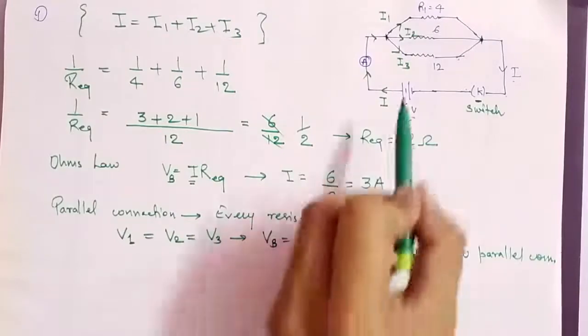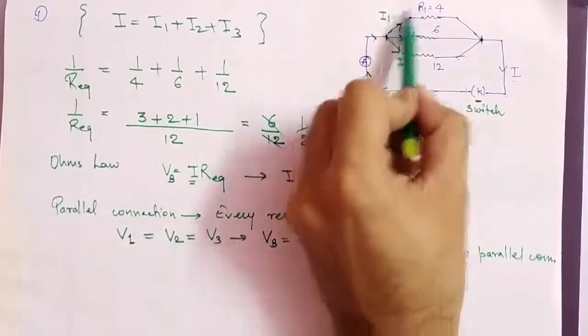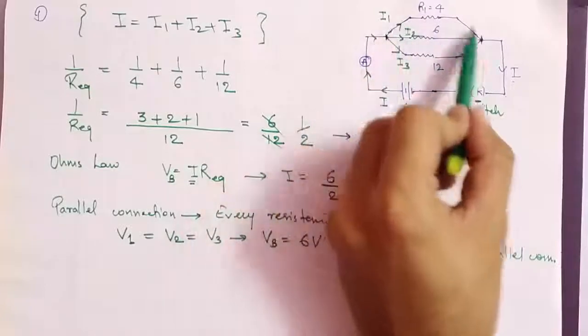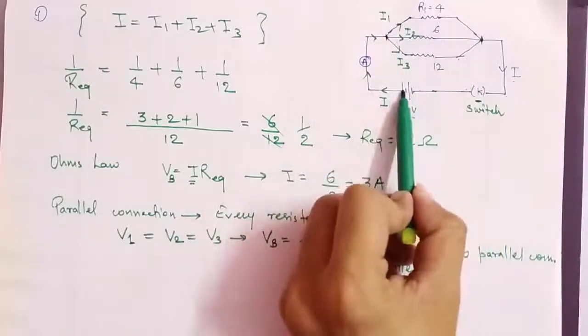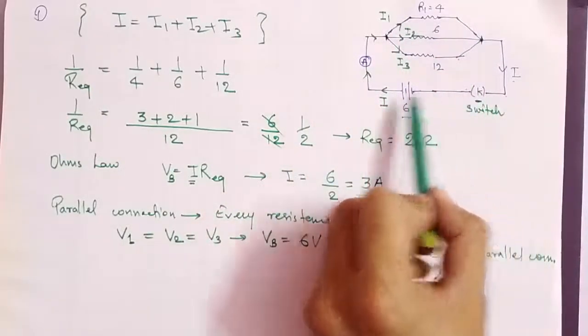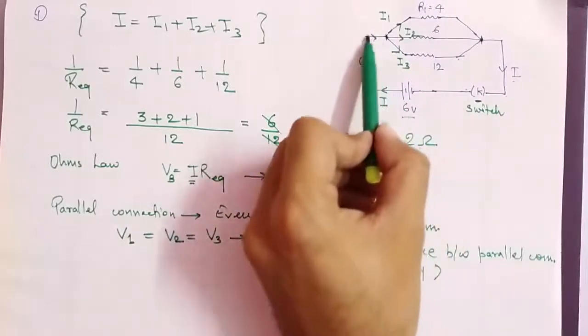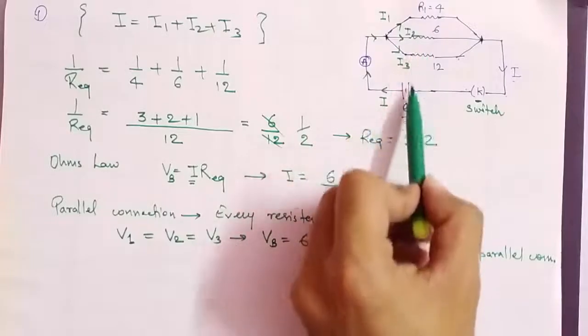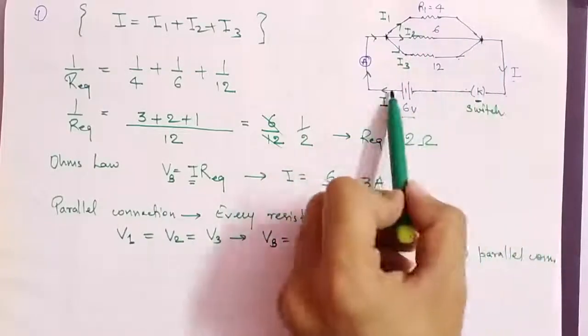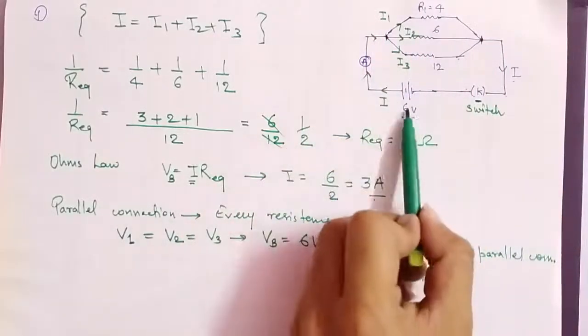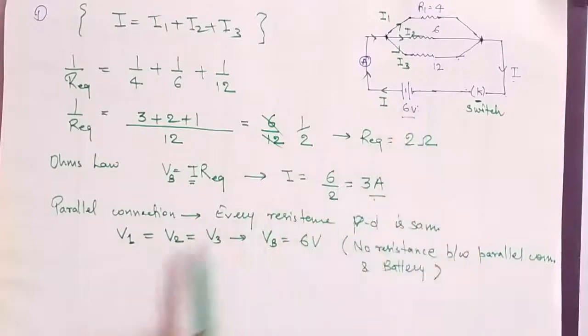You must see that here is a battery and here is our parallel arrangement. On either path, from the right-hand side or the left-hand side, there should not be any other resistance between the two. So here also no resistance and here also no resistance. Only in that condition will all three be equal to VB.